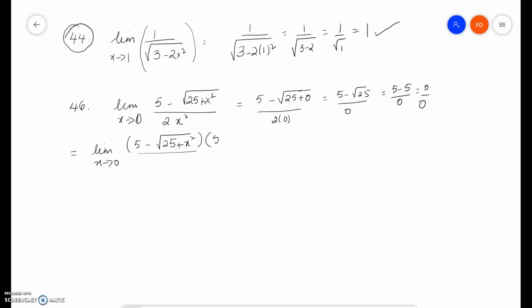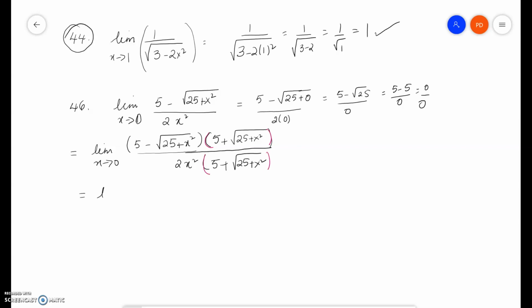Its rationalizing factor is 5, the minus becomes plus, square root of 25 plus x squared, the whole divided by 2x squared times, and since we've introduced this expression, we need to do the exact same thing in the denominator as well. So we have 5 plus radical 25 plus x squared.